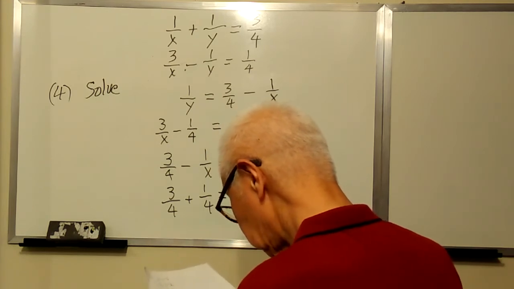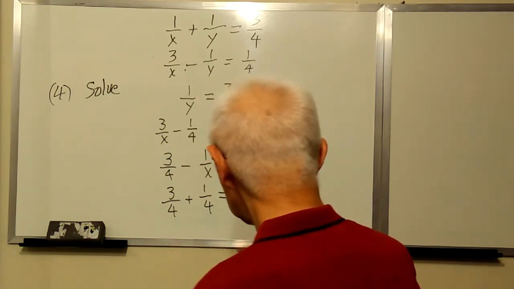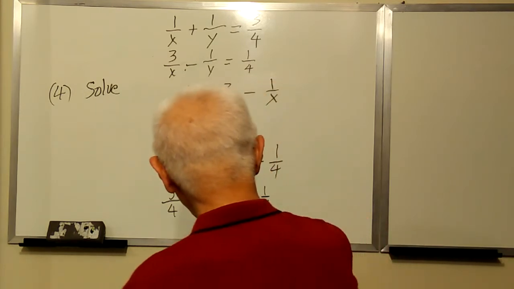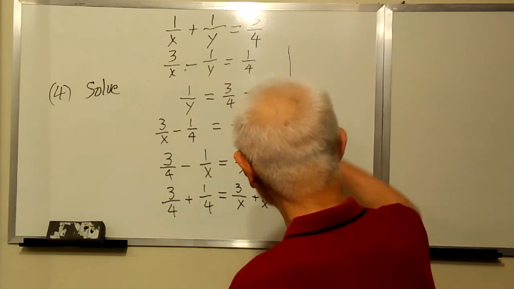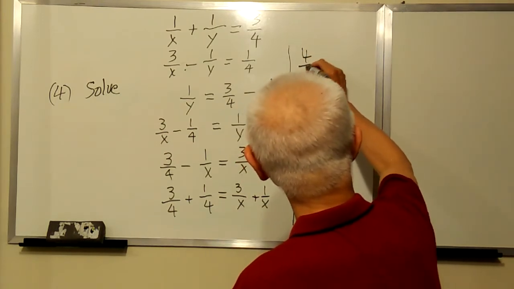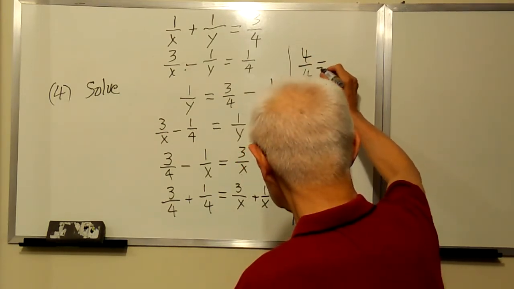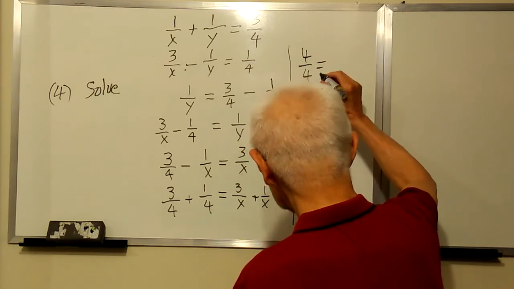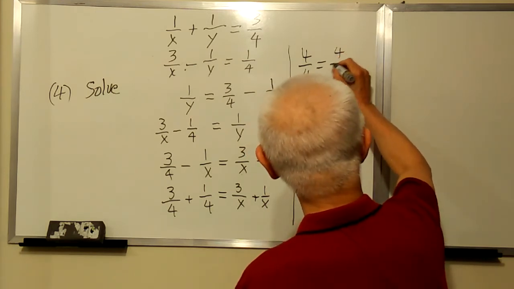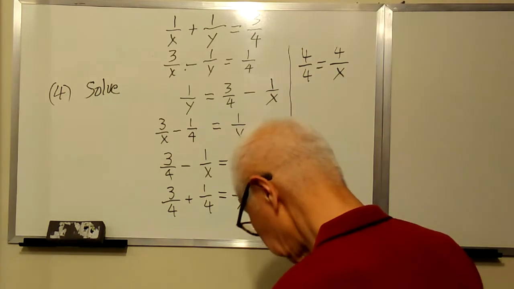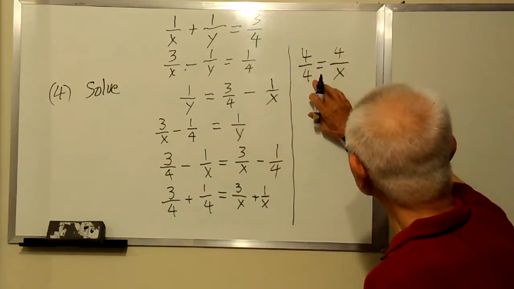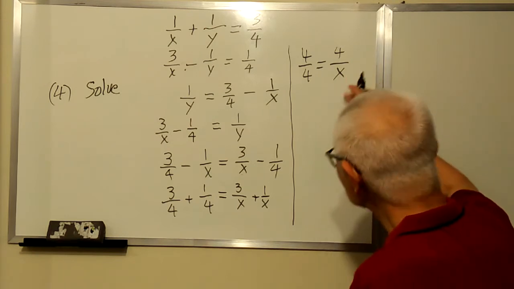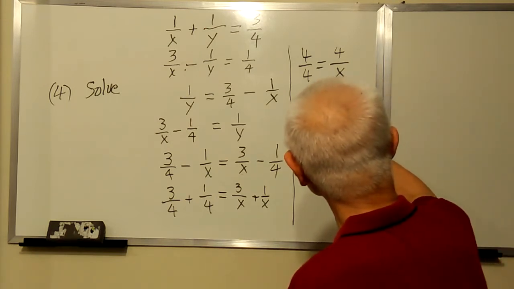I have 4 over 4 on the left-hand side. And I have 4 over x on the right-hand side. So what is x? 4 over 4 is equal to 4 over x. Therefore, x is 4 now.